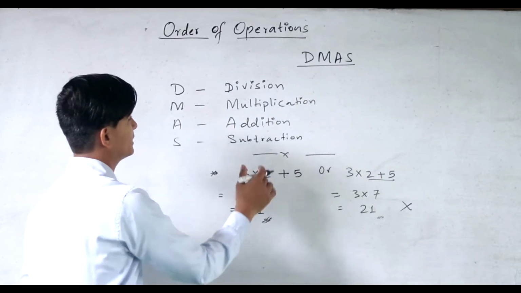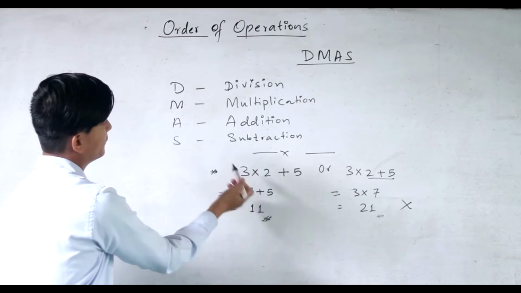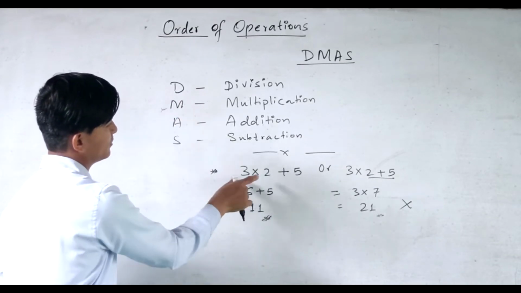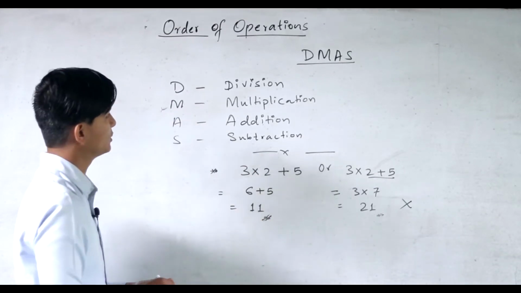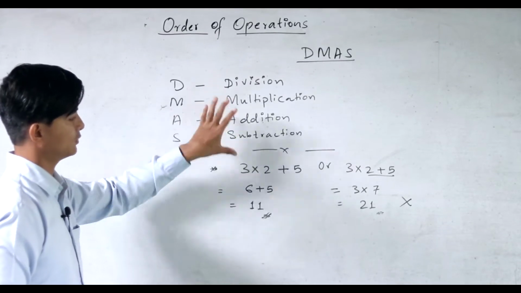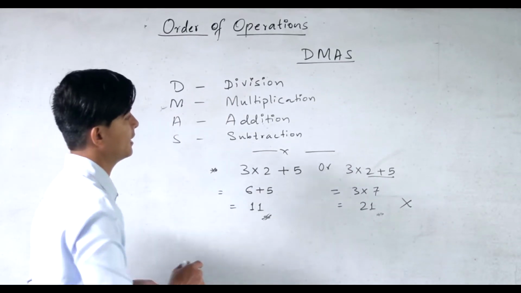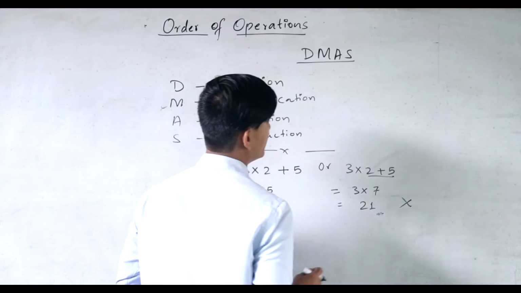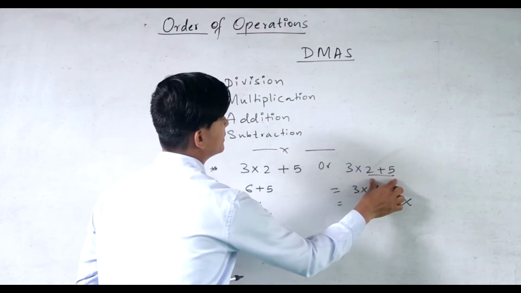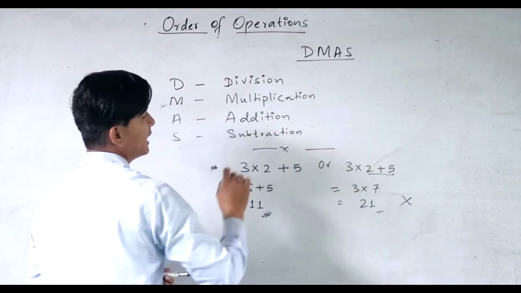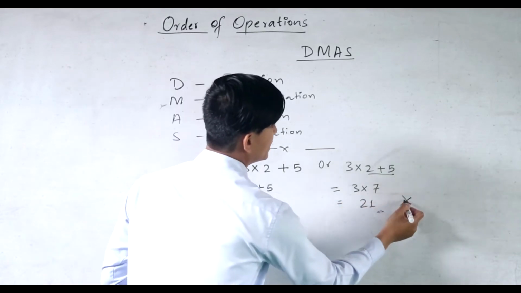So here you can see there is no division, so we have done multiplication first and then addition, which shows that we have followed this rule in this problem. And here we didn't follow any rules, we have just done addition and then multiplication, which is completely wrong.